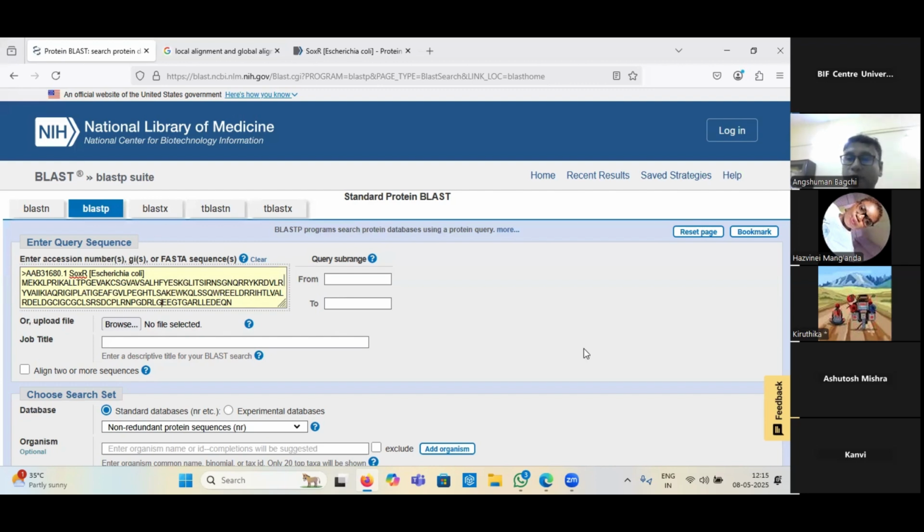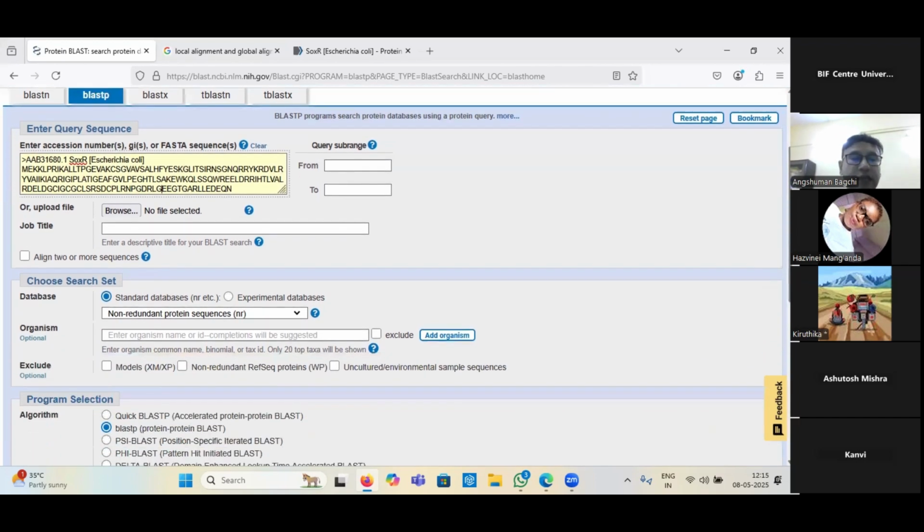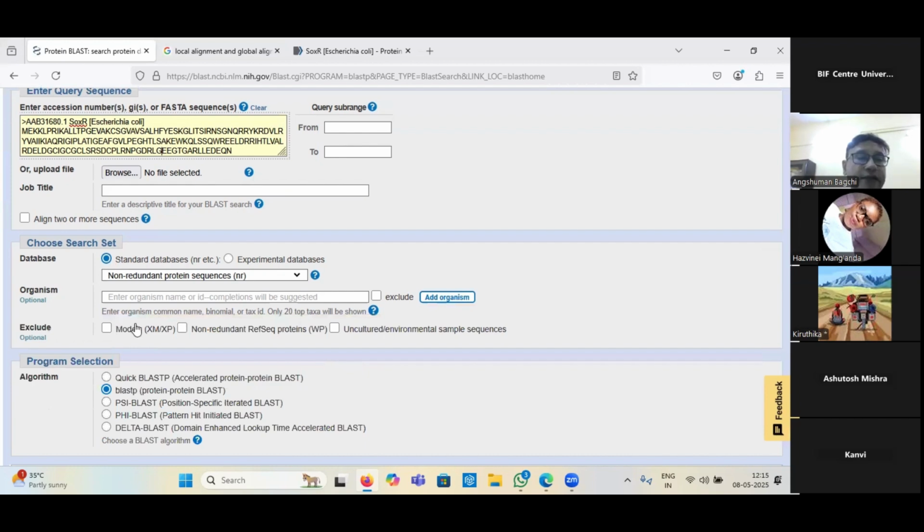Now, this one is an important one. You need to consider this. This is called non-redundant. Non-redundant means all the databases that we have that are present. If you would like to search in a specific database, say one of the databases that you were given demonstrations of, that database is UniProt.